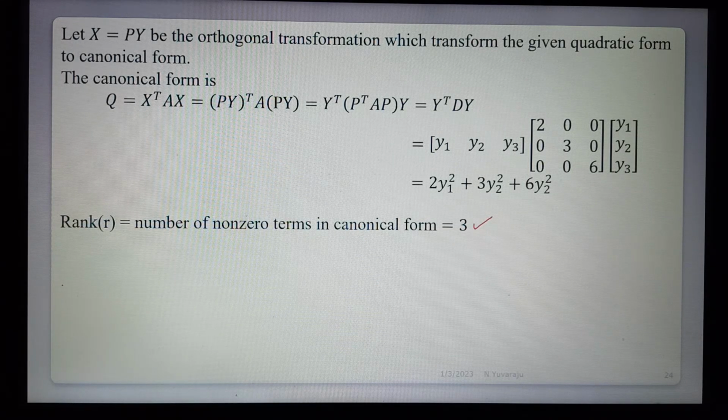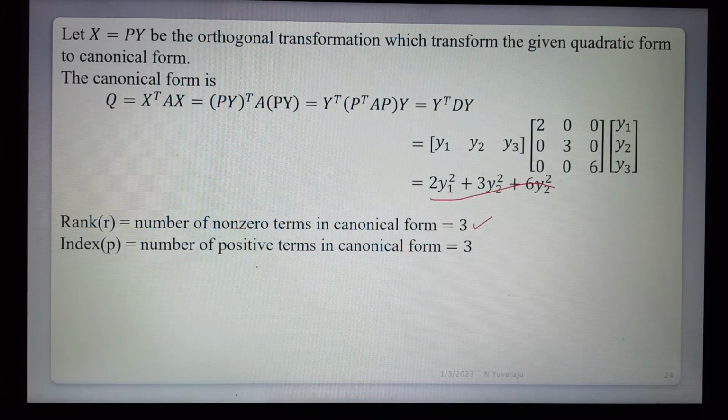Next, the index is the number of non-zero positive terms. In the canonical form, the terms 2, 3, 6 are all positive. So the index is the number of positive terms in the canonical form, that is 3.